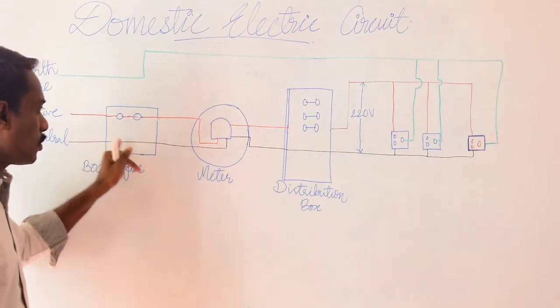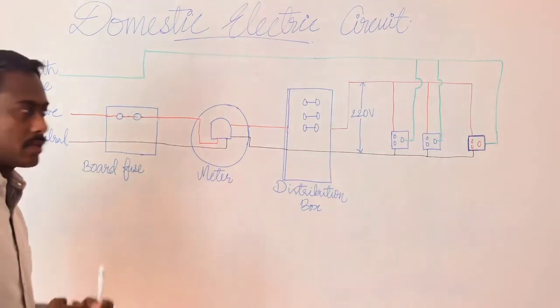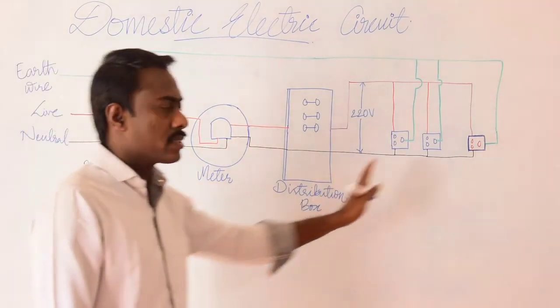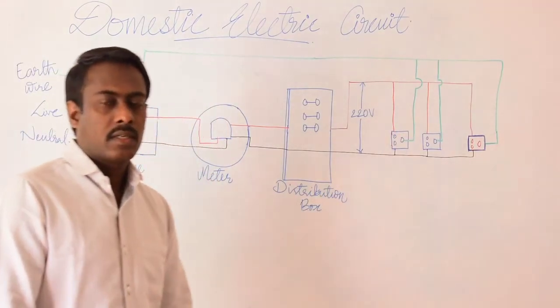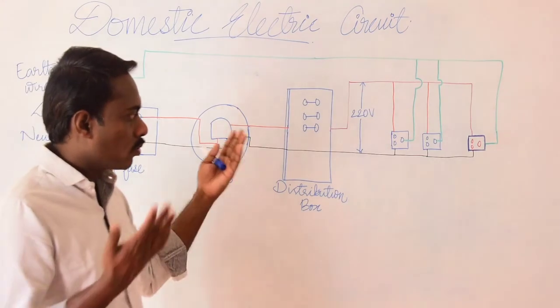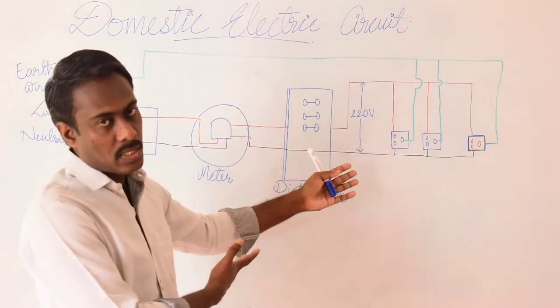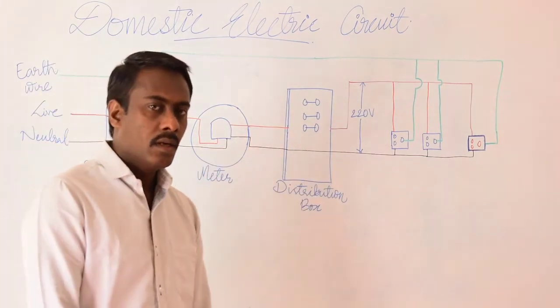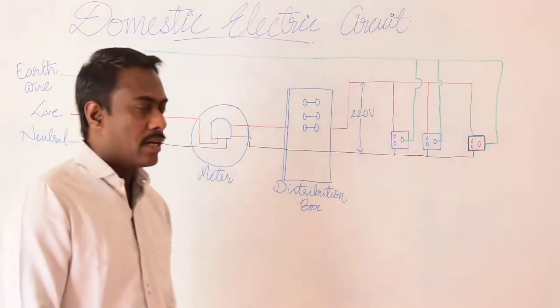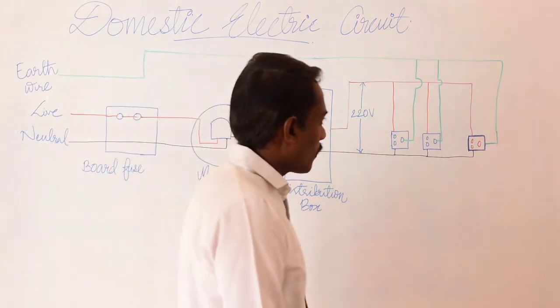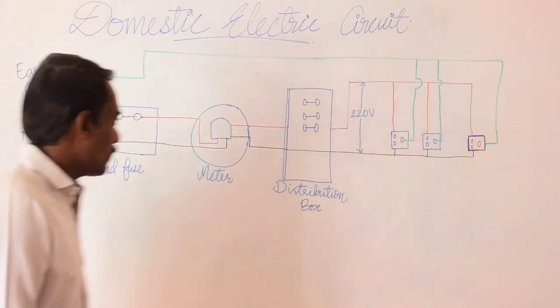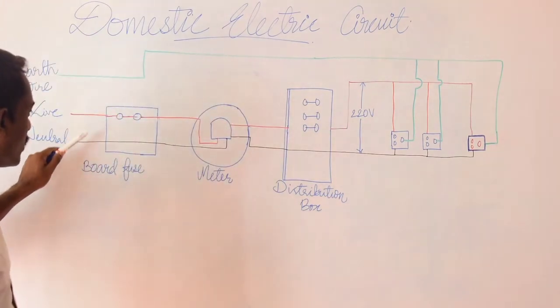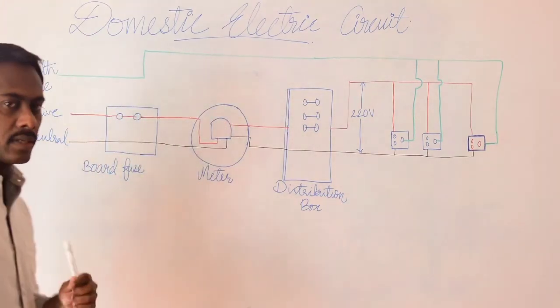Because of Joule's heating it will melt and break the circuit, so that the entire circuit and the appliances connected to it will be saved from damage.